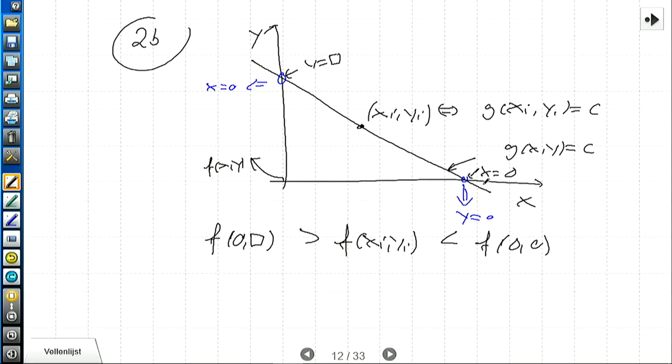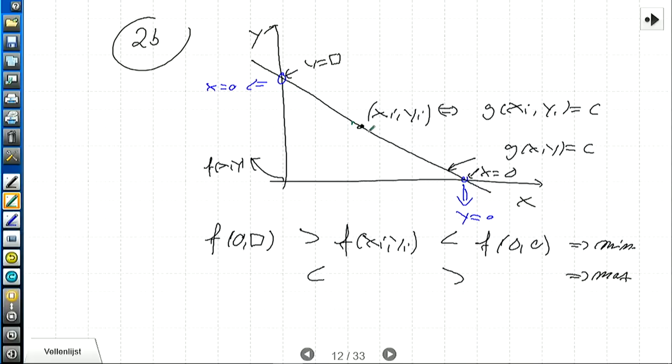Then the boundaries are bigger, or something like that. In this case I would have a minimum, in that case I would have a maximum. Key point is, I just make easy points. However, maybe you're in a good mood, you want to dare something, you could also use those points, of course. It's just that we use the zeros because they're easy to find. That's the entire story.